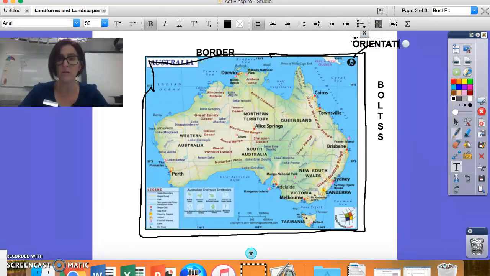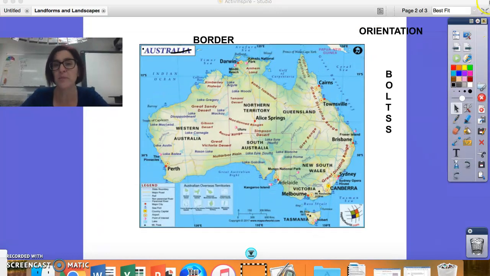Your map needs to show which way you're facing. Remember that sometimes north might be tilted off to the right, sometimes a little bit off to the left. You just have to keep that in mind so you can figure out where things are. Okay, so that's the O.